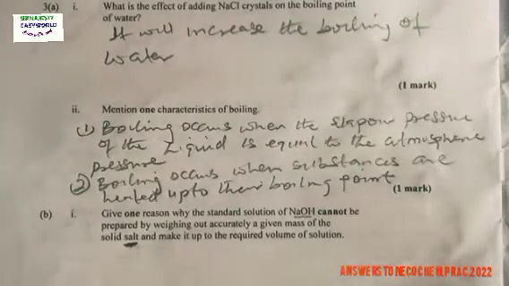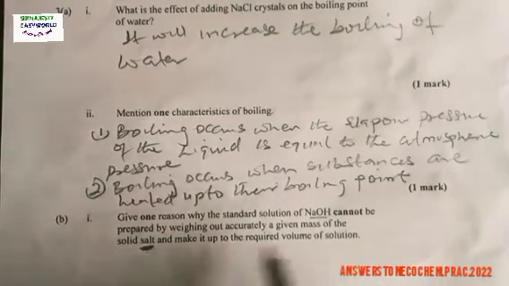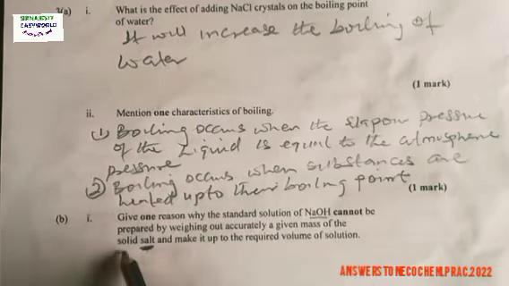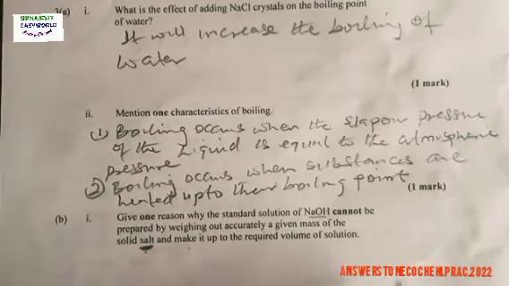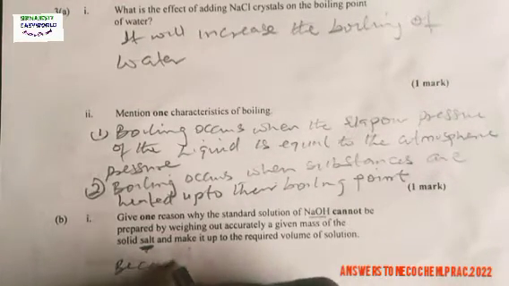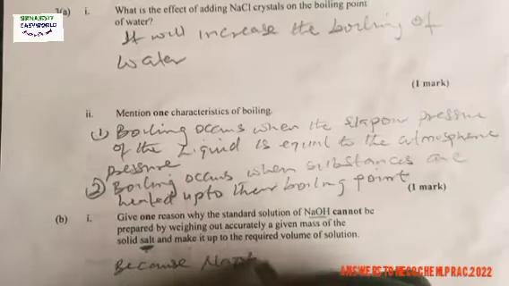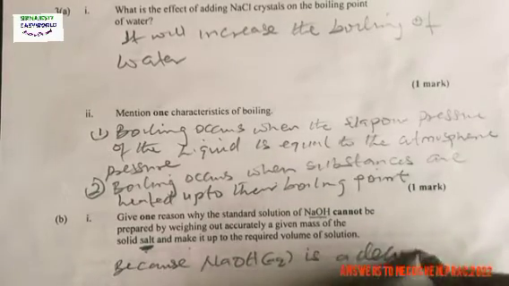Normally, nobody is perfect. So, sodium hydroxide cannot be prepared by measuring a given mass of the solid base, not solid salt, and make it up to the required volume. Simple.